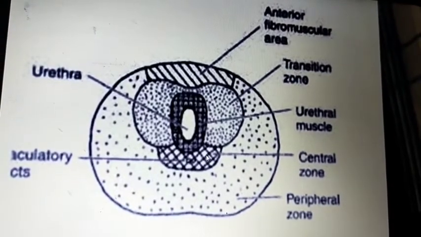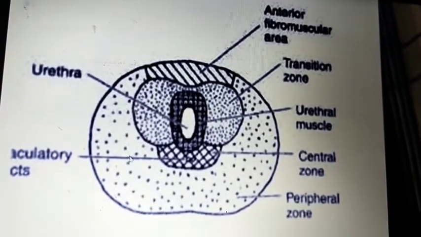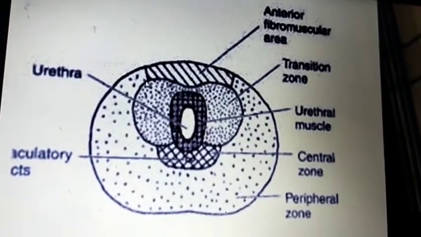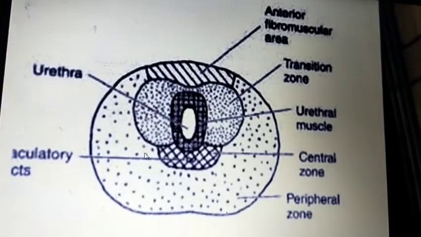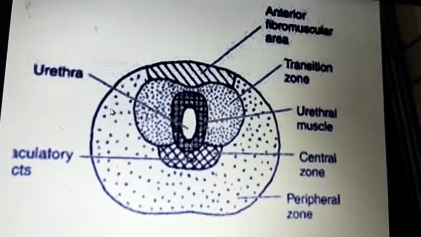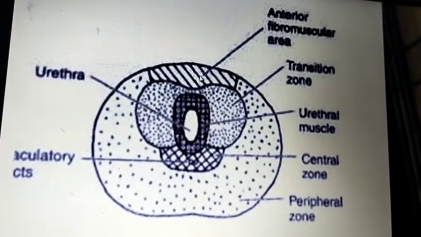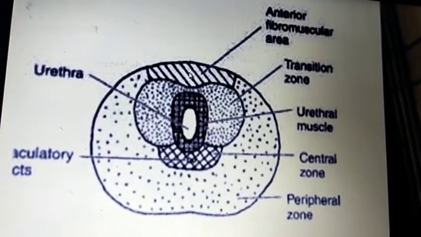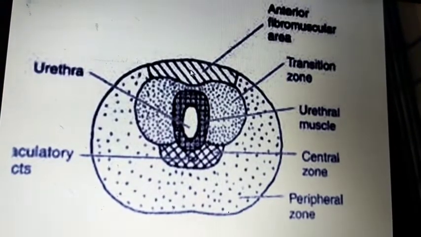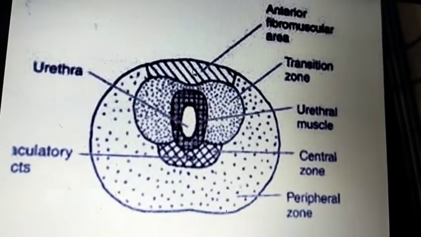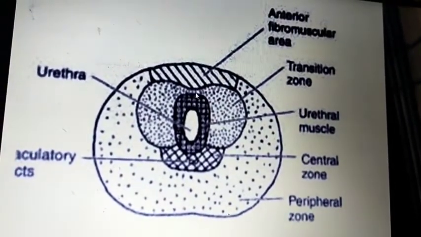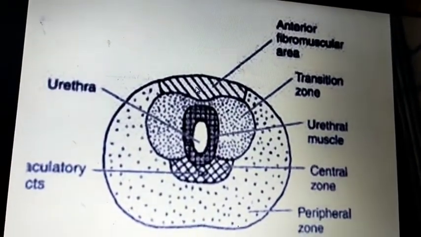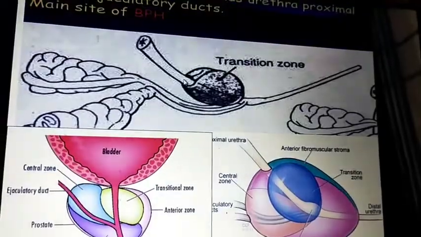This is the central zone, and this is the peripheral zone. Why is it peripheral? Because it is outside and surrounds the remaining zones. And this is the anterior fibromuscular zone, mainly muscular in nature, not glandular. That's why it is fibromuscular, and it is present anterior to the transitional zone. That's why it is the anterior lobe.